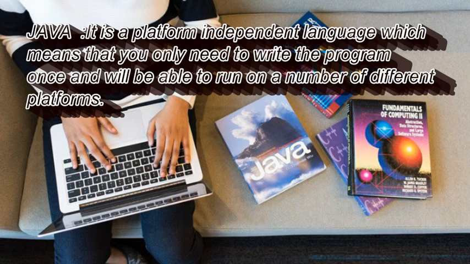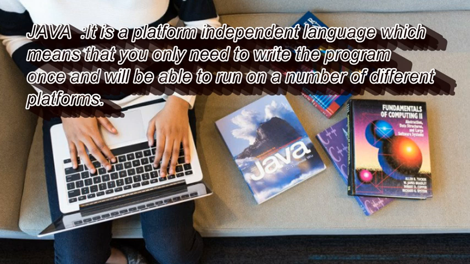Java is basically a platform independent language. Whenever I'm talking about a platform independent language, it means that in all the other cases, like whenever we are using C++ or Python, we have to use a compiler, and for that compiler we have to keep the code over there only.